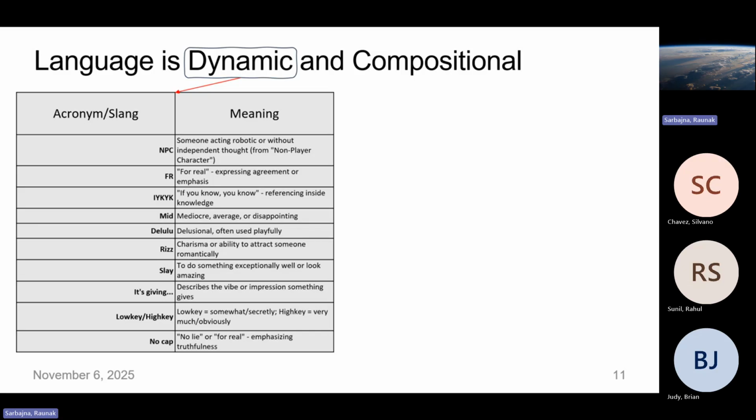So if you're scanning through a text, say from 1995, then some of these words may appear in them, but they're going to have different meaning than in a text that is written today, right? So language is very dynamic, and there is no cutoff line like that. You can't say, okay, this word before 2005 means something else, and after 2005 means something else. So this has to be done dynamically, the way humans do it.